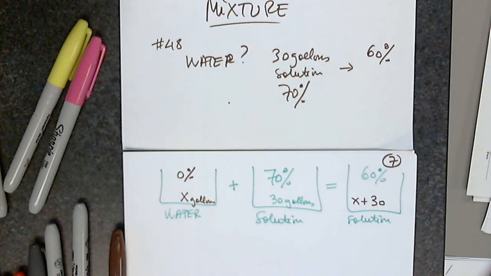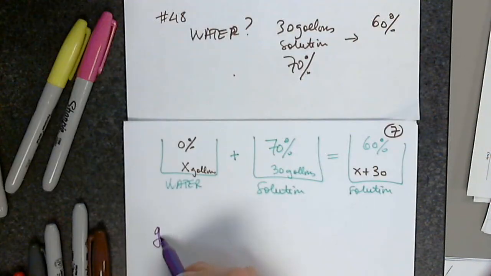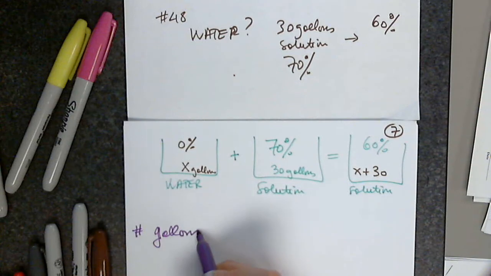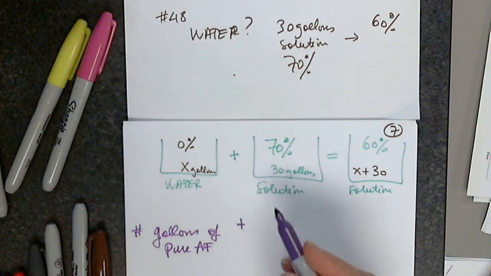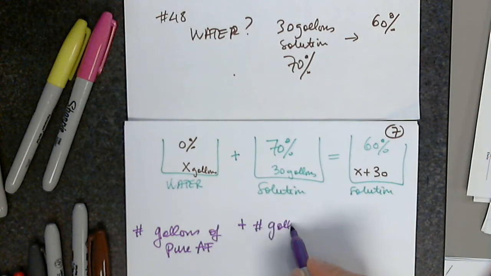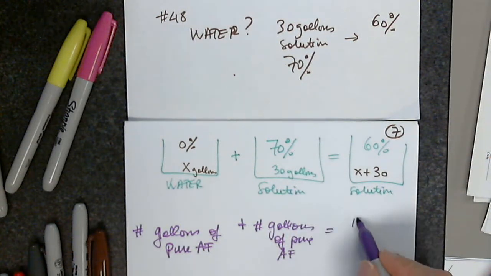The equation can be either in pure antifreeze or water. I only need one equation. So if we use pure antifreeze: number of gallons of pure antifreeze coming from here, plus number of gallons of pure antifreeze coming from here, equals the total number of gallons of pure antifreeze.